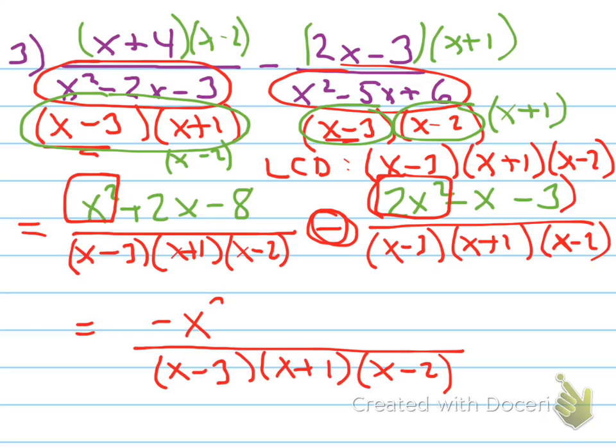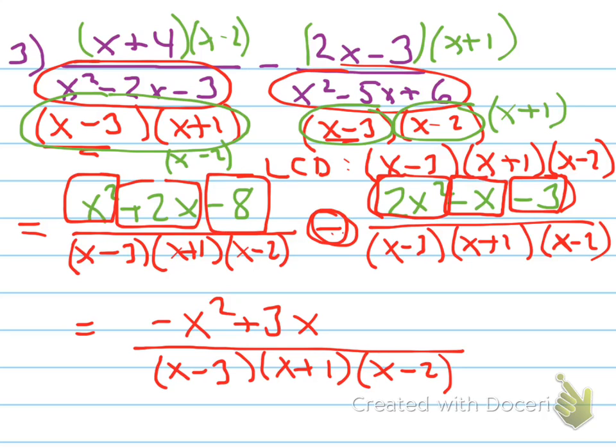That's negative x squared. I have 2x minus negative 1x. That's 3x. I have negative 8 minus negative 3. That's negative 5. And that's it. Added them together. It's real messy, isn't it? These are not the quickest problems we'll be doing all semester.